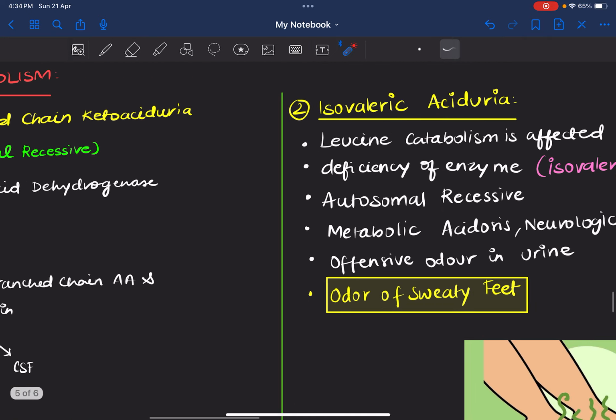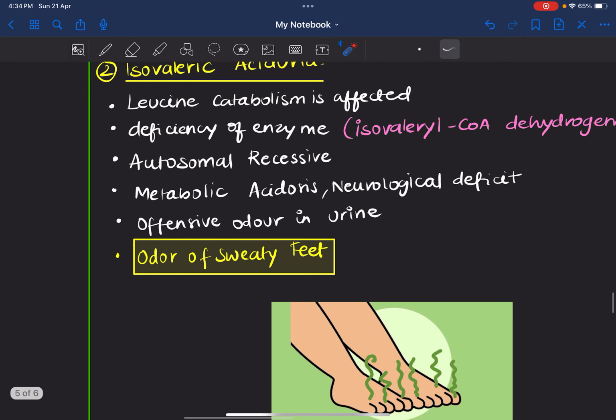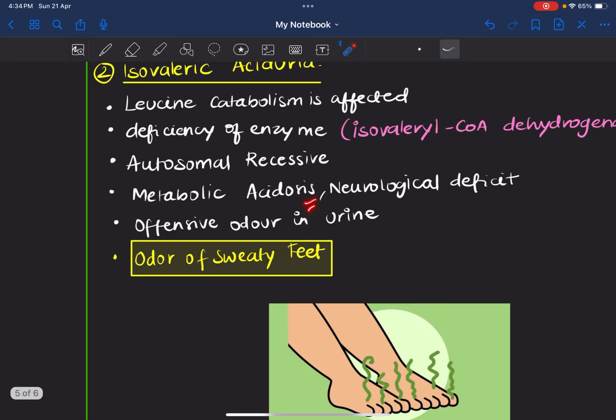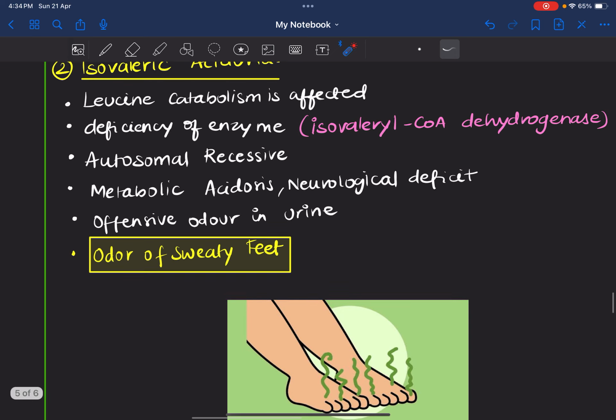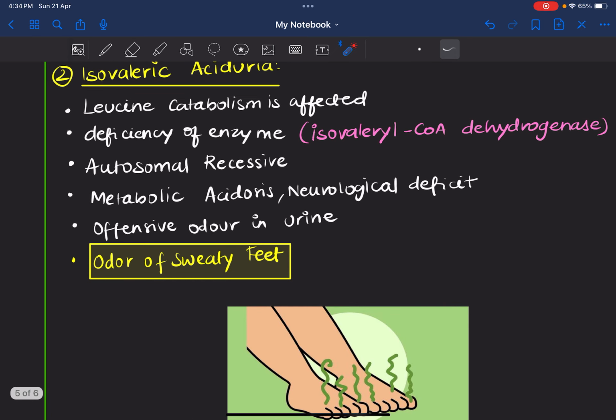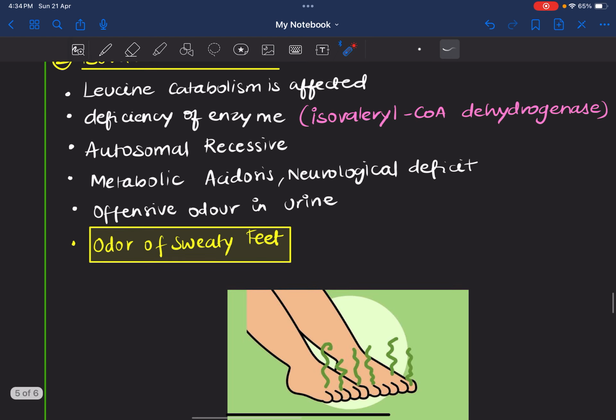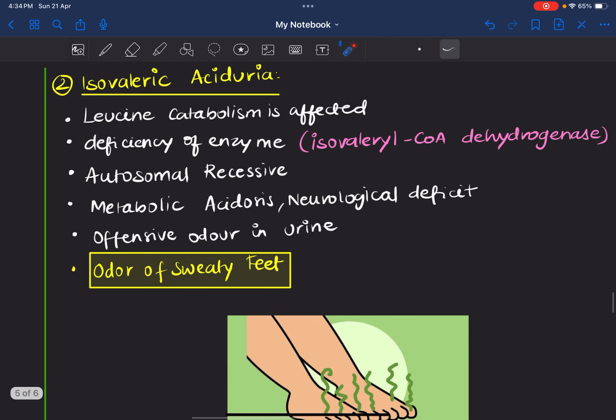In this case we can see that the patient has metabolic acidosis due to the increased keto acids, and also neurological deficits are seen. There is an offensive odor in the urine, which helps in diagnosis, and also there is an odor of sweaty feet in such patients. Isovaleric aciduria is also congenital. It is an autosomal recessive disorder.